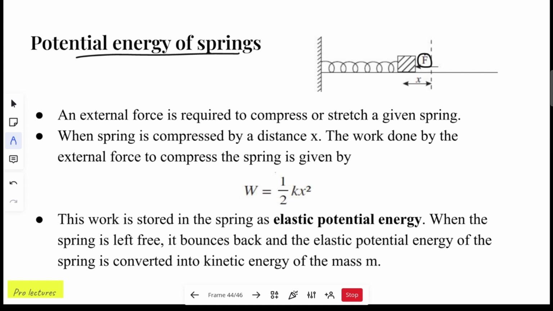So that means the internal force, or the elastic force of the spring, is due to the elastic potential energy. So when we let the spring free, it bounces back and the potential energy of the spring is converted into kinetic energy of the mass. This is what happens as it comes back to the equilibrium position.